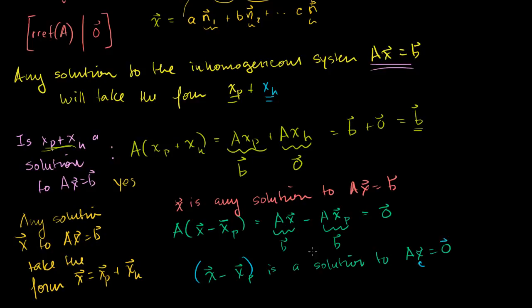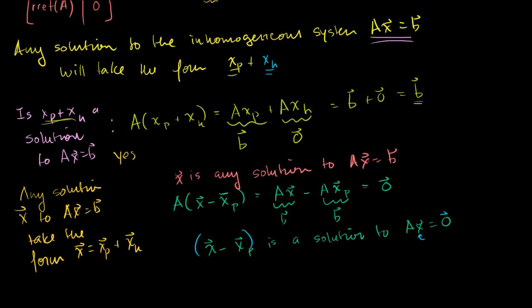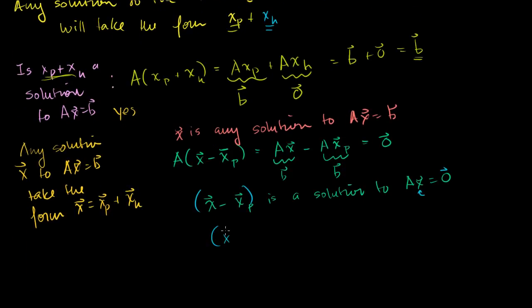You get the 0 vector because when you multiply each of these by A, you get B, and then you get B minus B, and so you get 0. So you can say that our any solution x minus the particular solution is a member of our null space.